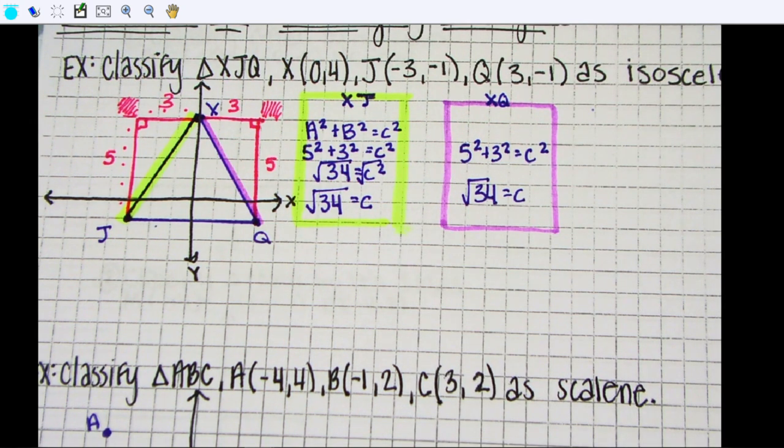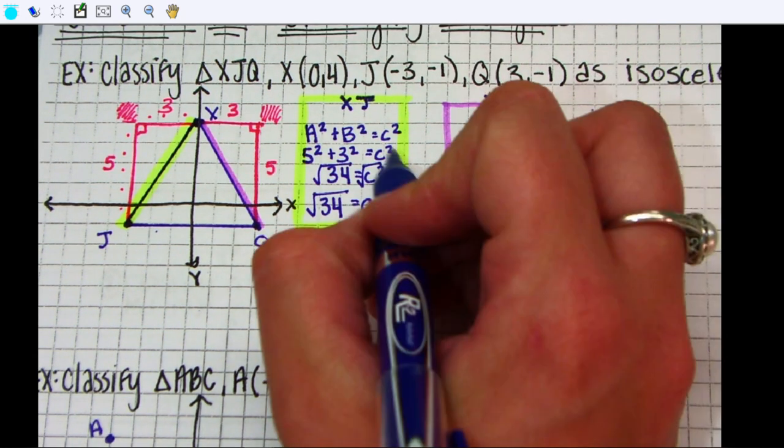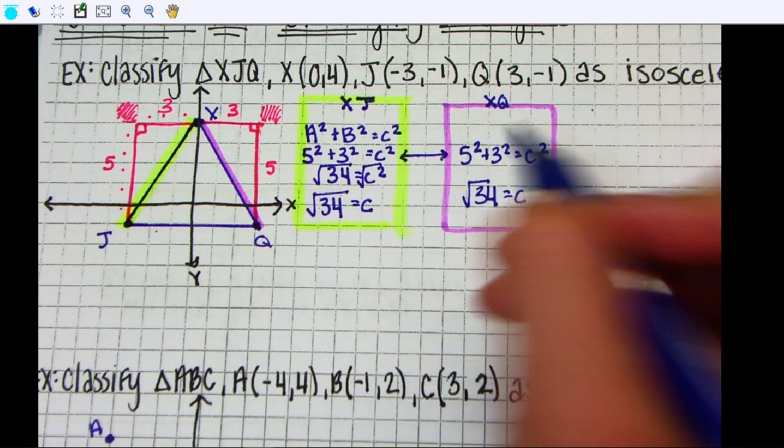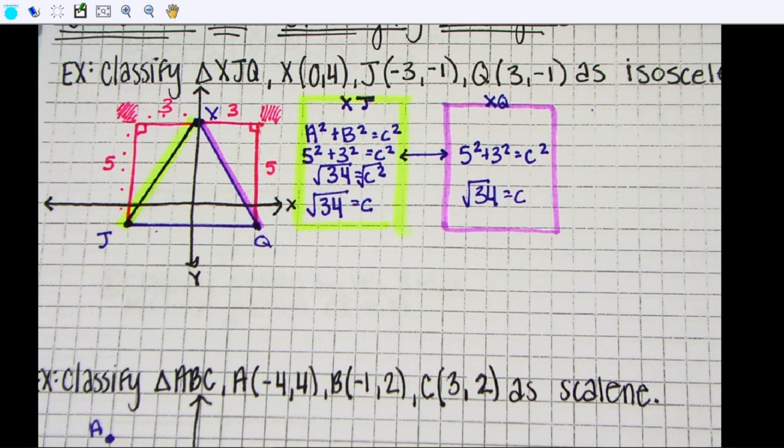If you're getting the same numbers for your sides, just set the problem up and then write the answer down. Those numbers are identical, so there's no need to do all the math again. The math is not going to change. 5 squared plus 3 squared is still going to be 34, and when you square root it, you're still going to get the same decimal. Kind of a hassle for one answer. It won't take near as long when you're doing it on your own.